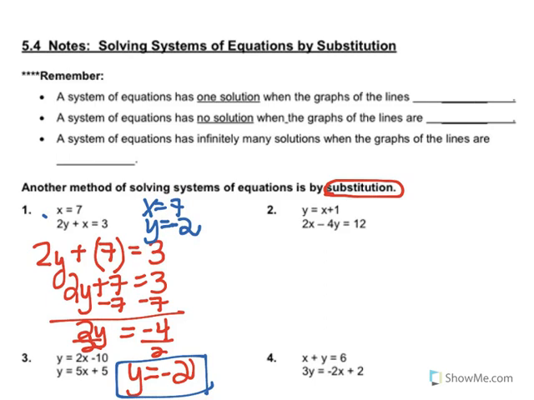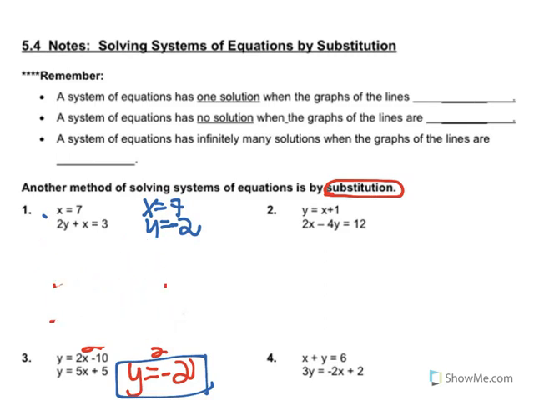Now, how can we make sure we did it right? Well, let's take our solution and plug it in. Well, in the first one, since it only has one variable, we plug in 7 and 7 equals 7. True. Okay, let's try the second one.